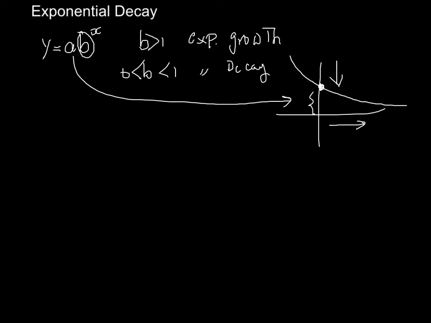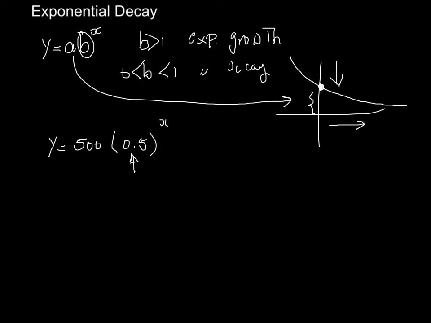Now, as before with exponential growth, the pattern of first and second differences is going to be a repeating pattern, and the ratio is going to be a constant, and this constant is always between 1 and 0. For instance, one example is something like y is 500 times, let's say, 0.5 exponent x. Since 0.5 is between 1 and 0, this is an exponential decay.